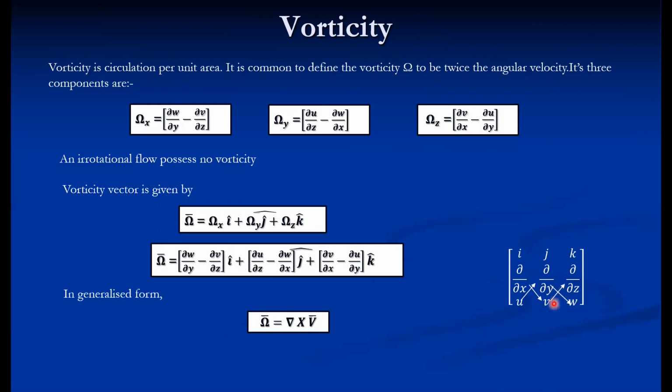Cross multiplication in vectors is called a curl. So this is the curl of the velocity vector, that is omega bar. This is the generalized form of the vorticity vector, and this vorticity vector is zero for irrotational flow. So this is about vorticity.